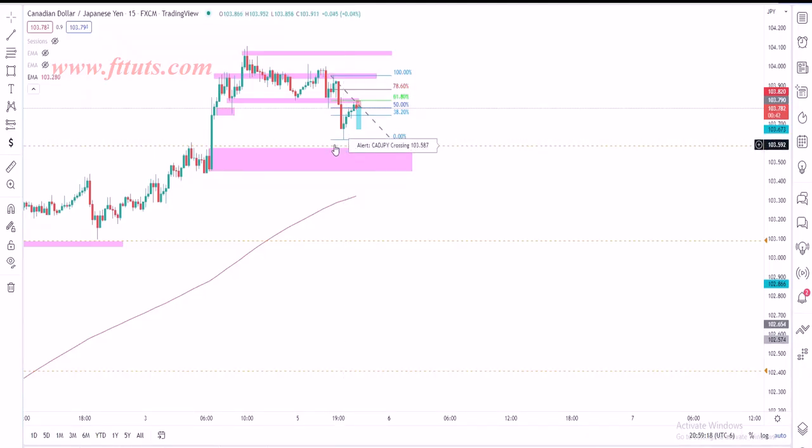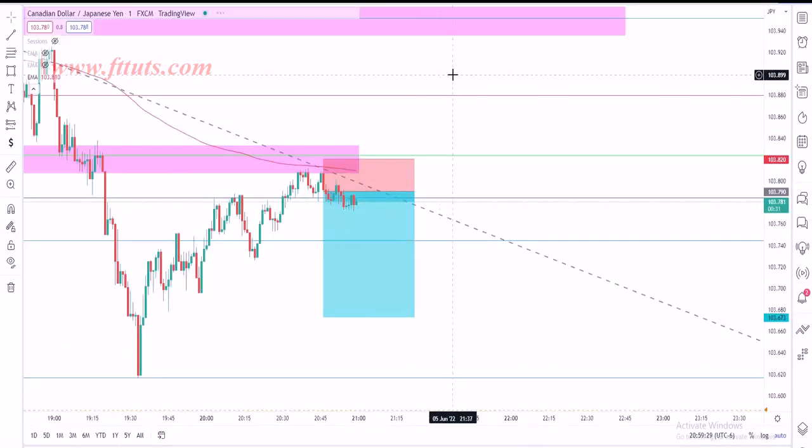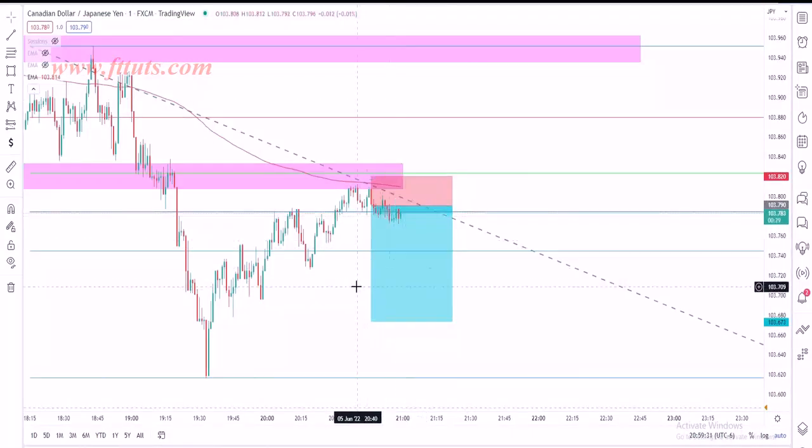We could target the top of this potential order block right here if it finds momentum off of this. Or we could just go kind of somewhere in between here. Let's go to the 1 minute. This area is kind of in between, one of the recent 1 minute lows and the 15-minute low. But again, this is all based off if price continues to move down.